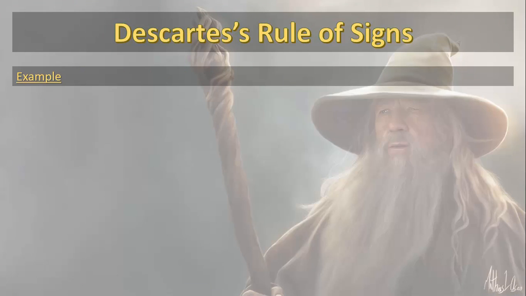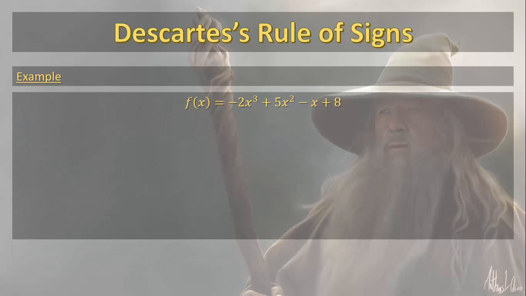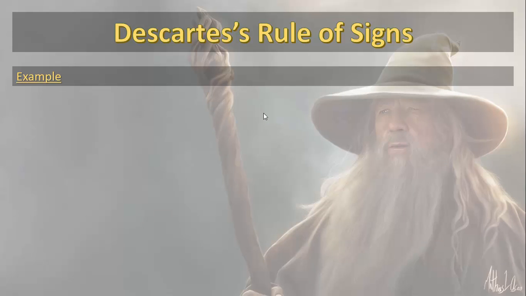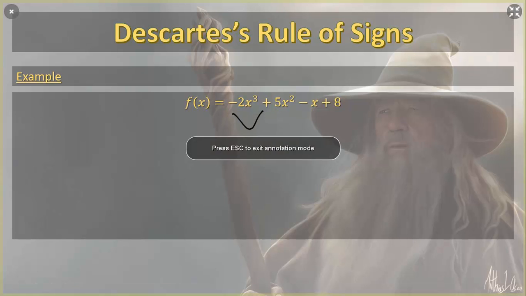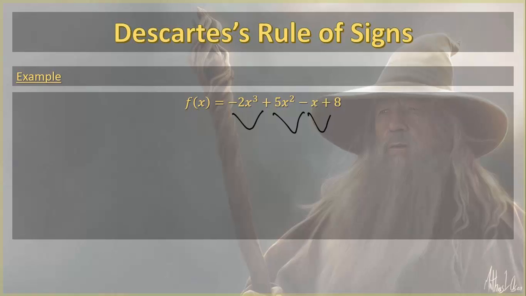All right, let's put it in action. Number of sign changes on this original function. I have 1, 2, 3. 3 or 1 positive real solutions. It took me 5 seconds to figure that out.